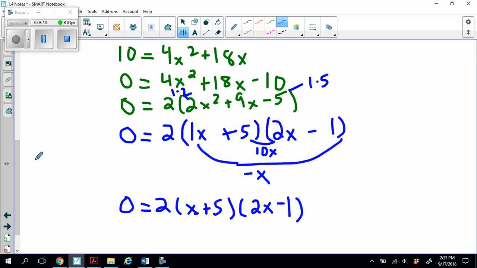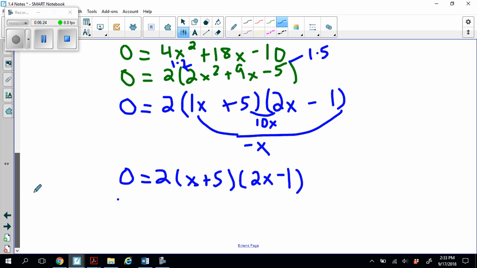Now, just like we've done before, we're going to set each of our factors equal to 0. We're not going to set 2 equal to 0, because that wouldn't make sense. So we're going to do x plus 5 equal to 0 and 2x minus 1 equal to 0.